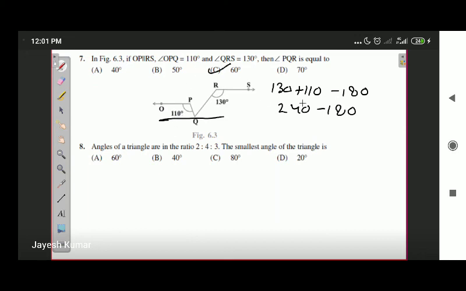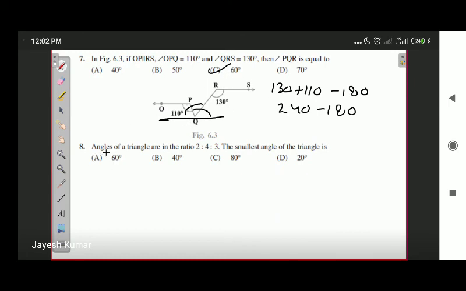This is a different way of solving the same question. 130 is this angle, 110 is this angle, and I have taken the property of linear pair. You can also do it as we have done in the NCERT. This is a question of NCERT, that is why I have done it directly.